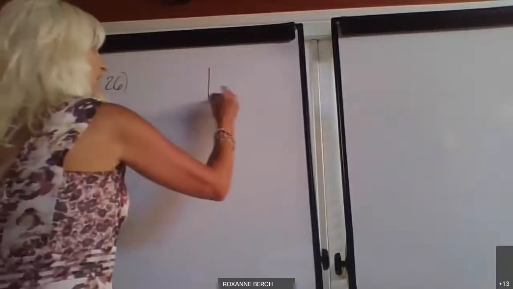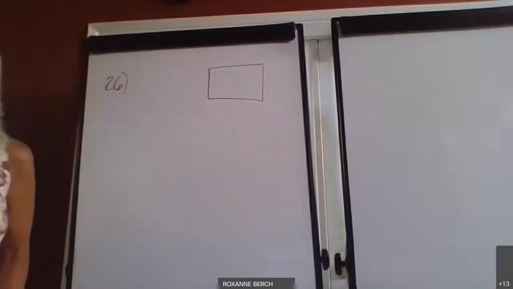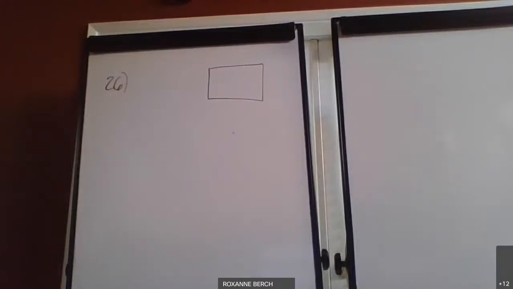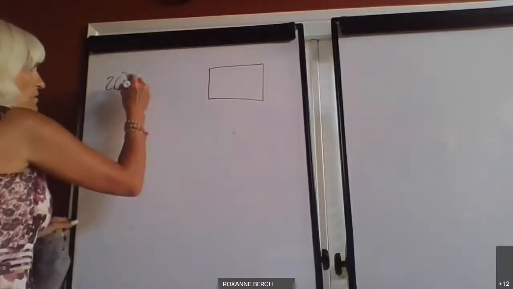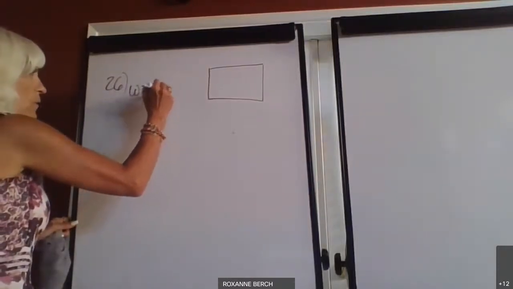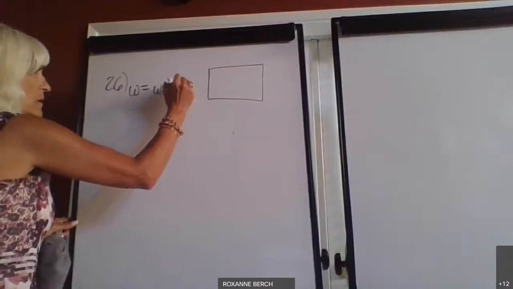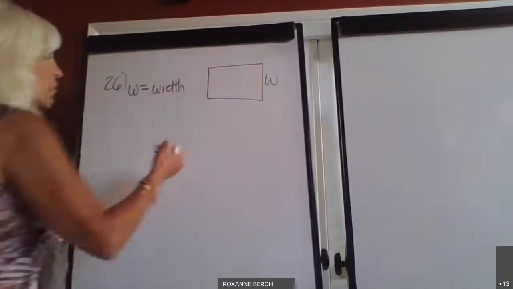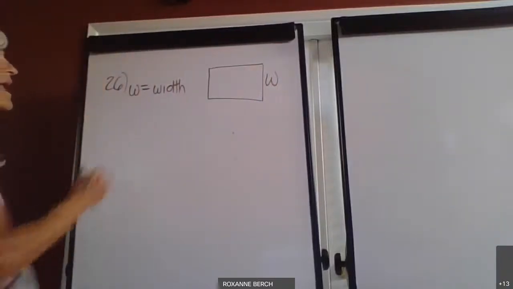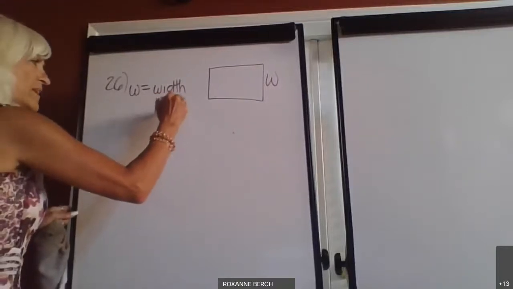It says a rectangular swimming pool is 3 times as long as it is wide. So don't you want to let W equal the width, or X, whatever, and then we want to represent the length.